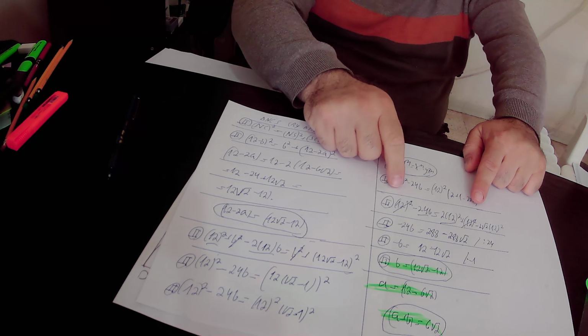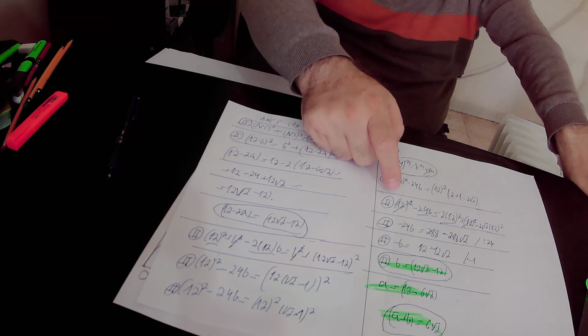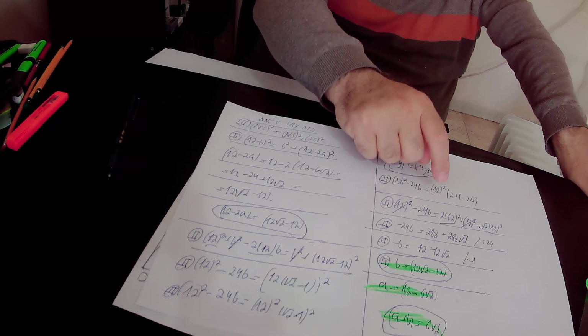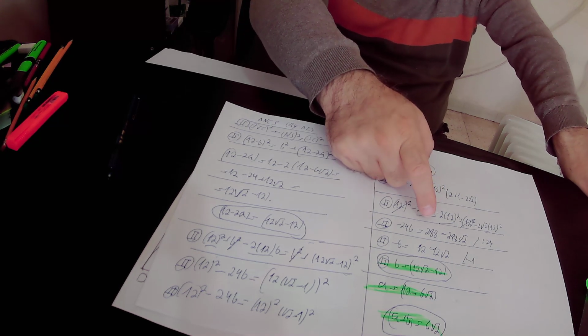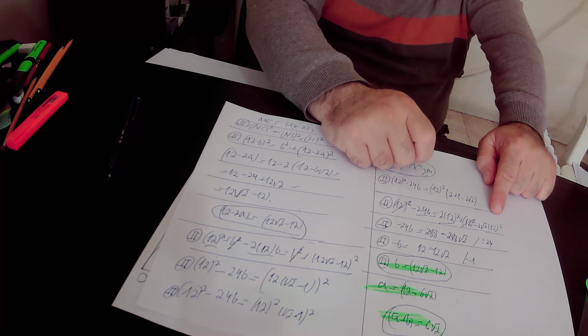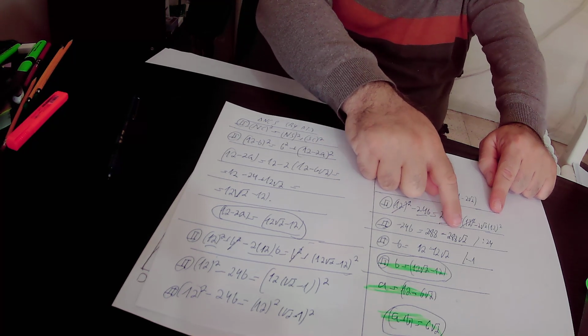Here 12 square is on both sides of the equation, so it gets cancelled, and we are left with minus 24B equals 144 times 2, which is 288, minus 144 times 2, which is 288, times square root of 2.